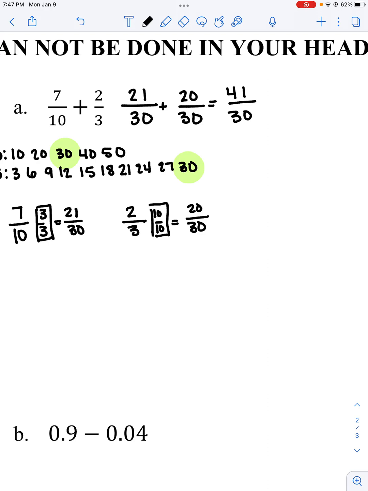I keep my denominator the same. If I want to practice going from an improper fraction to a mixed number, I say, well, how many times does 30 go into 41? It is 1 whole time with 11 left over.